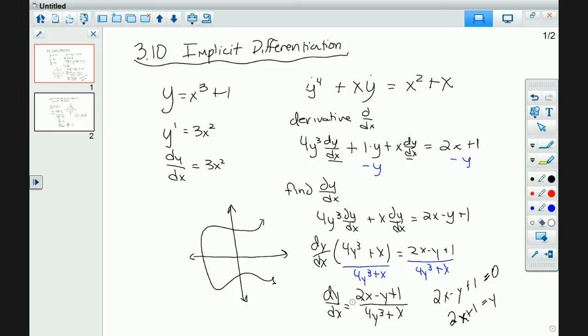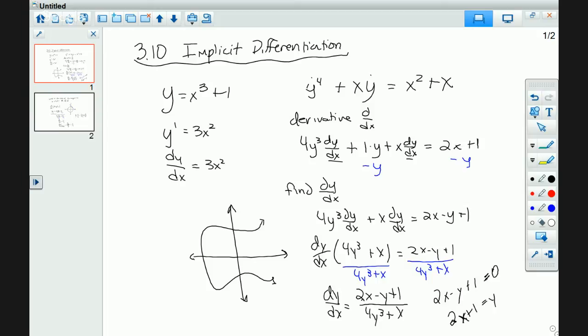Then you plug your x value in and calculate the y value. Okay. And then you have your point. It is challenging. When you get good at these, you start to make it simple.